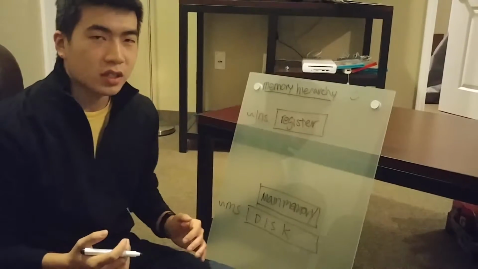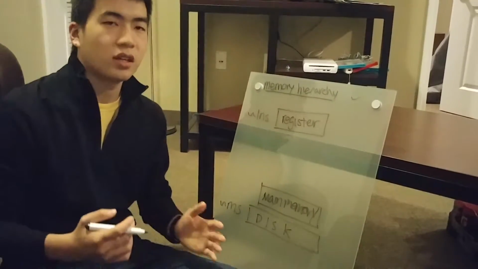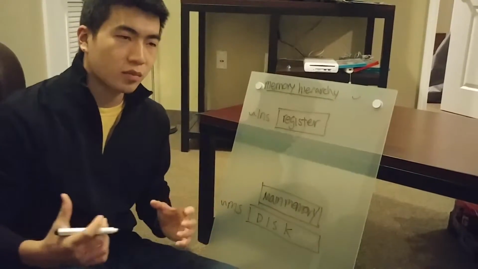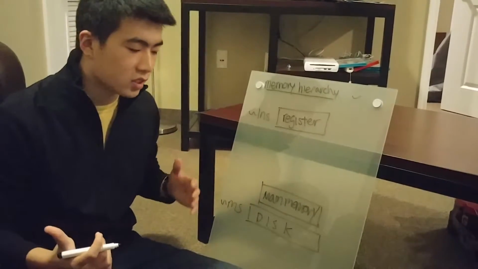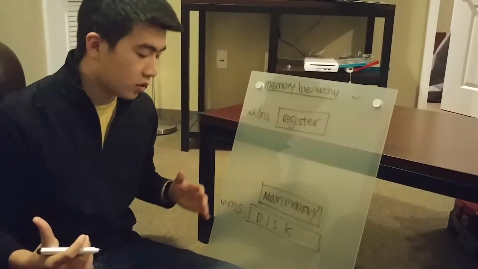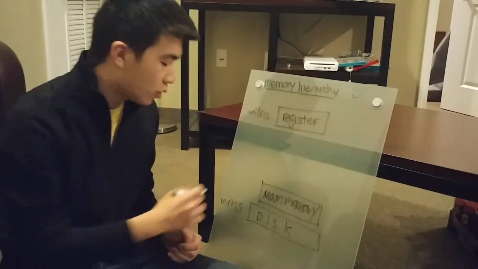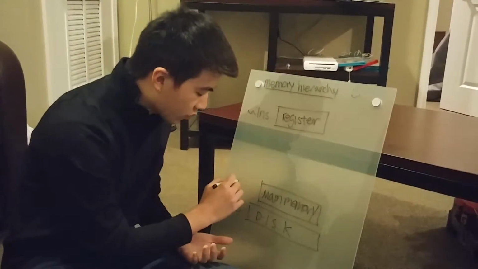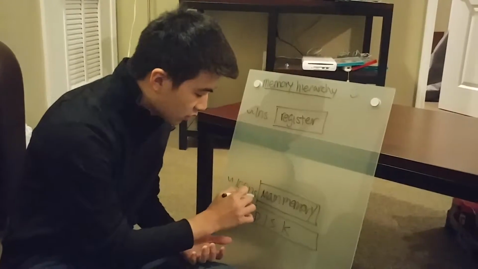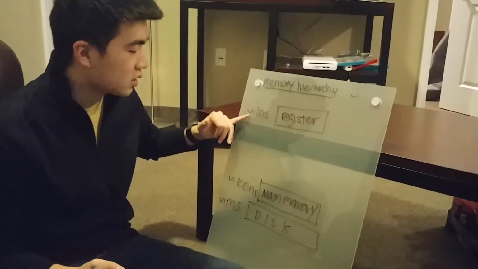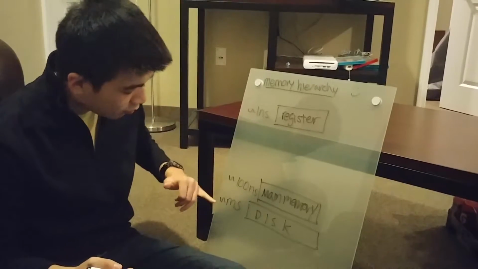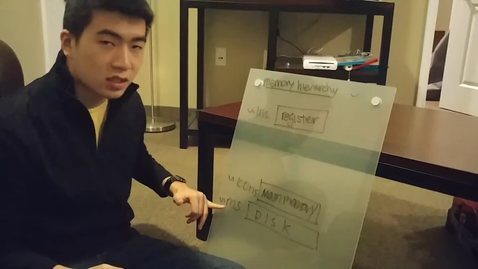Main memory is several gigabytes, and your pantry is much larger than your cutting board, but obviously much smaller than Kroger, just as main memory is much smaller than your disk. Accesses to main memory would be on the orders of maybe several hundred nanoseconds. So by no means as fast as accessing something in registers, but much faster than accessing something in your disk.